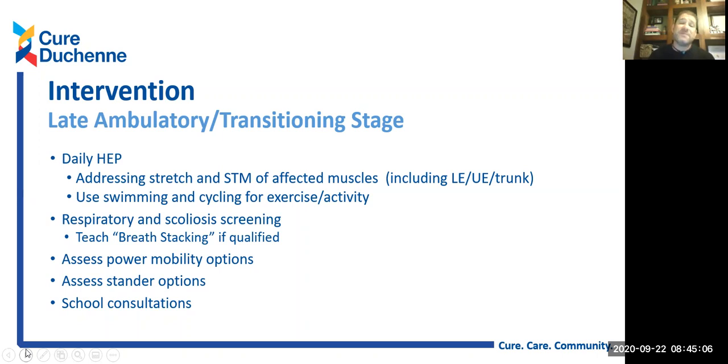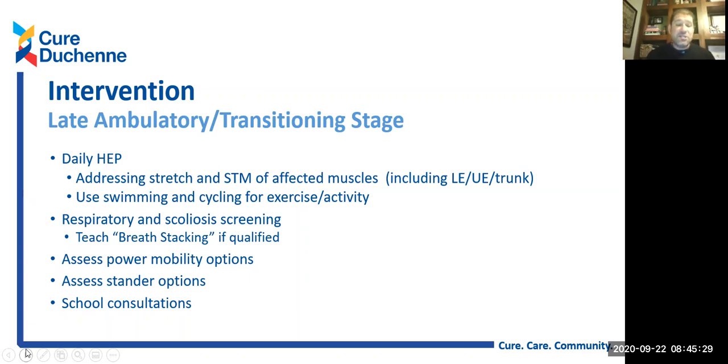You're strapped in and supported, but they're not having to do the work of the standing themselves. It's good for range of motion, for bone density, for respiration, for circulation. It allows them to be in a standing position, and they can do different activities in that position.